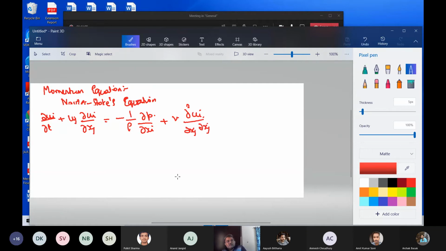This is the Navier-Stokes equation. So this is the unsteady term, or it is known as the local derivative, and this is known as the non-linear term, or the inertial term.